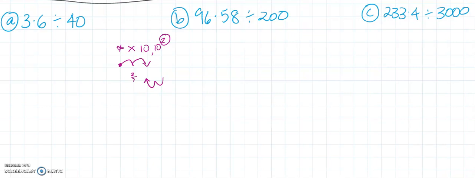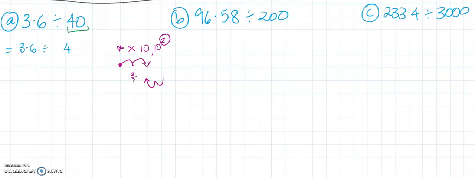For these types of questions, the first thing we do is split the number that we're dividing by, by multiplying by 10 or 100 or 1,000. So just a multiple or a power of 10. If I rewrite 3.6 divided by 40, that is the same as 4 times 10, isn't it?